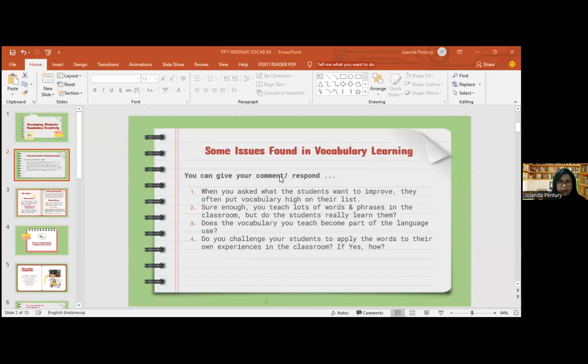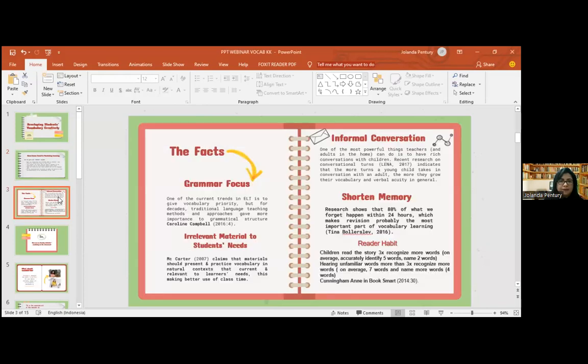These are some issues. And then these are the facts. The first one is grammar focus. One of the current trends in English learning and teaching is to give vocabulary priority.